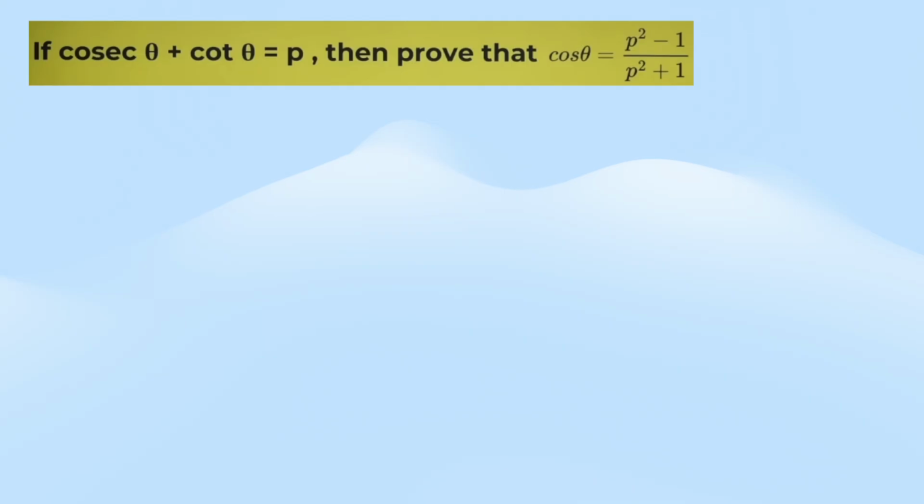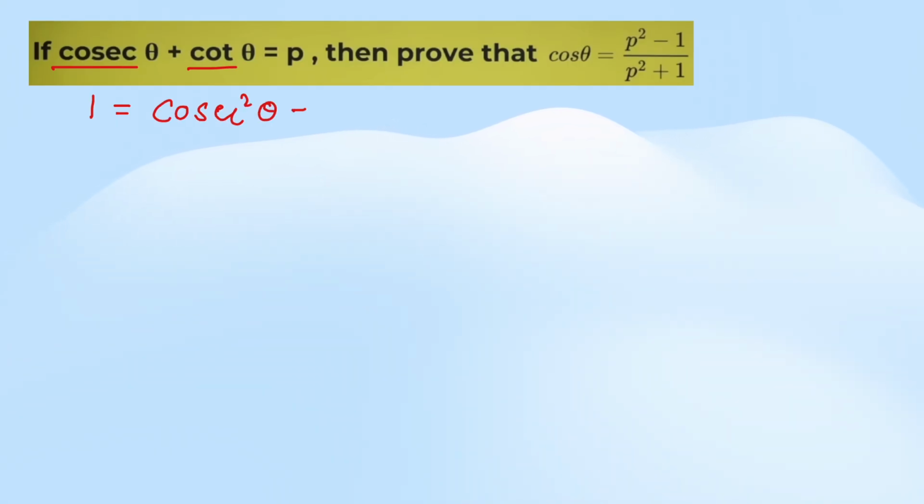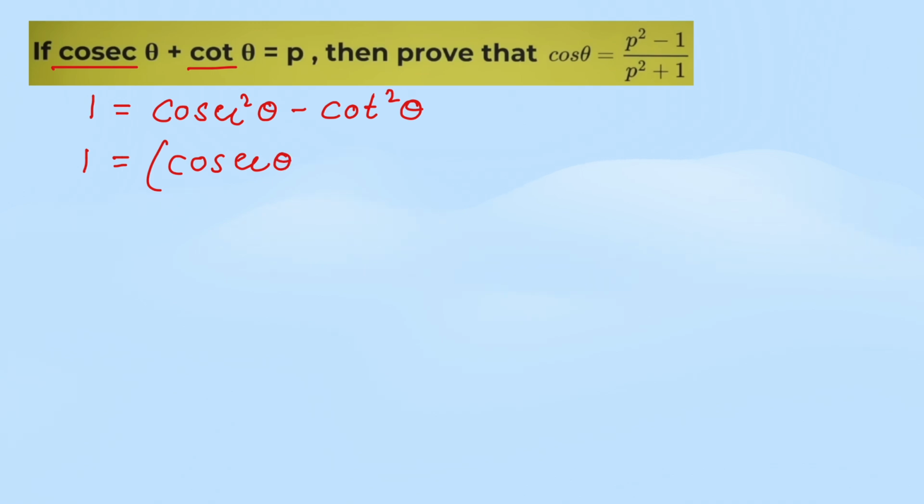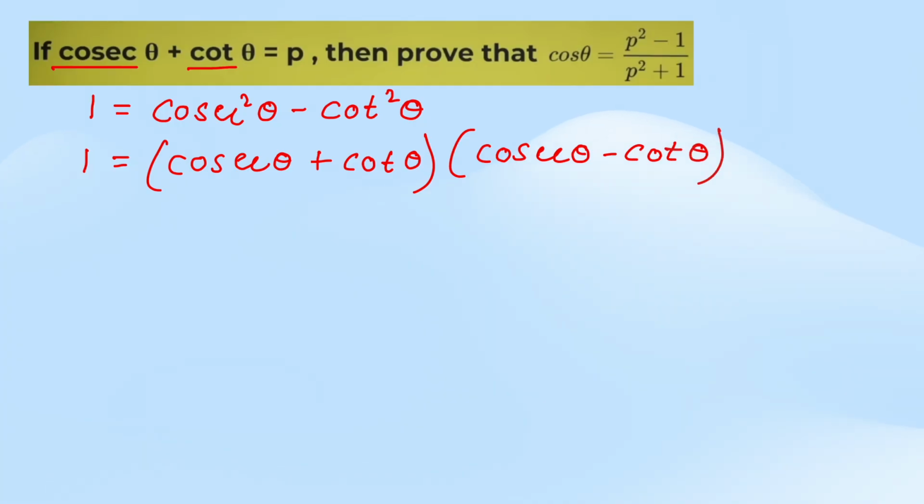Okay. So what do we know about cosec and cot? That 1 equals cosec square theta minus cot square theta. It means 1 equals a square minus b square, which is a plus b into a minus b. It is giving me the same thing.